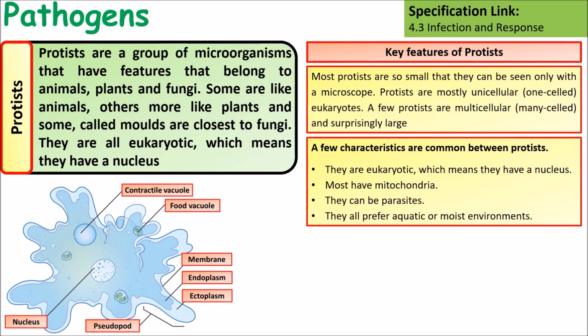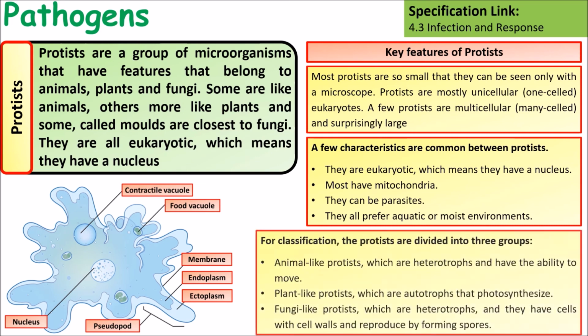So some features are that eukaryotic cells have a nucleus and mitochondria. They all prefer aquatic or moist environments. And the classification of protists is divided into 3 groups: animal-like protists, plant-like protists, and fungi-like protists.